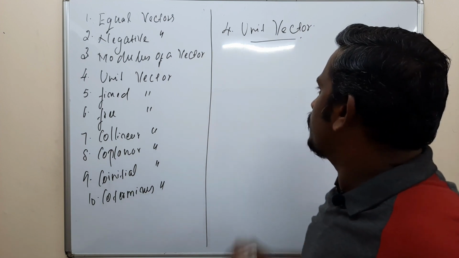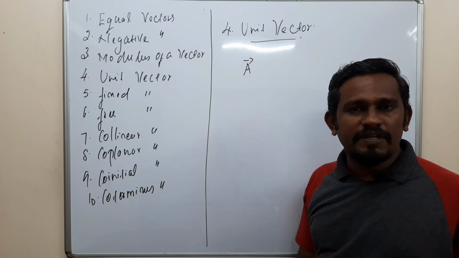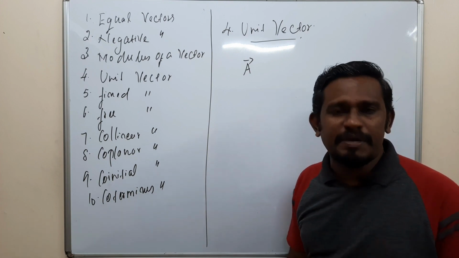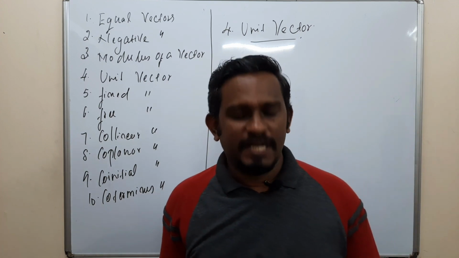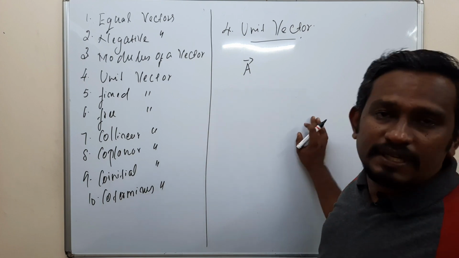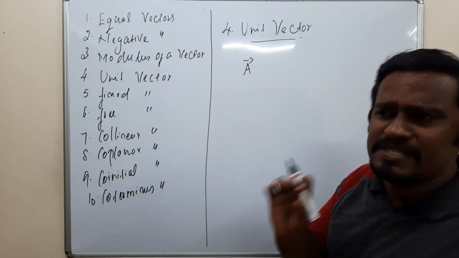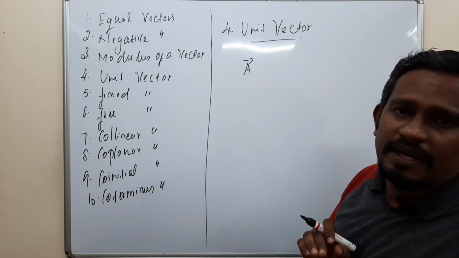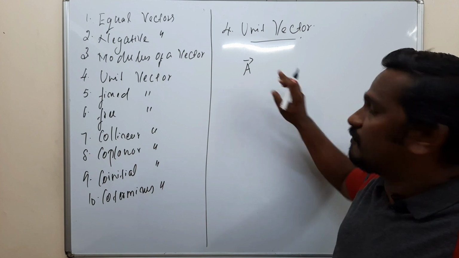Unit vector. Suppose A is a vector. If you draw a vector of unit magnitude in the direction of the A vector, then that is the unit vector. The vector which has a unit magnitude is called a unit vector, and its direction is in the direction of the A vector only.